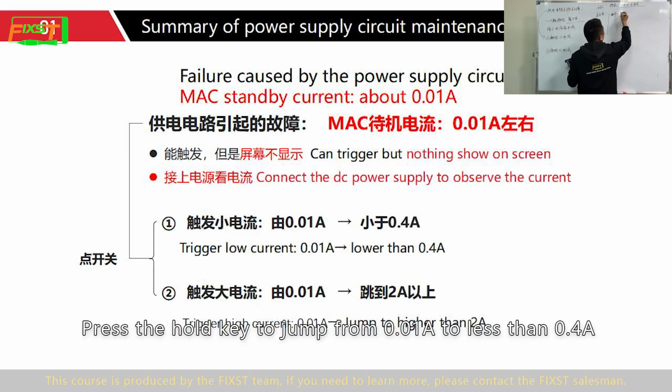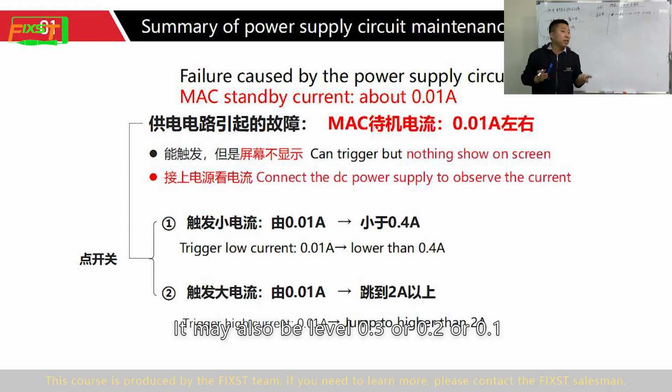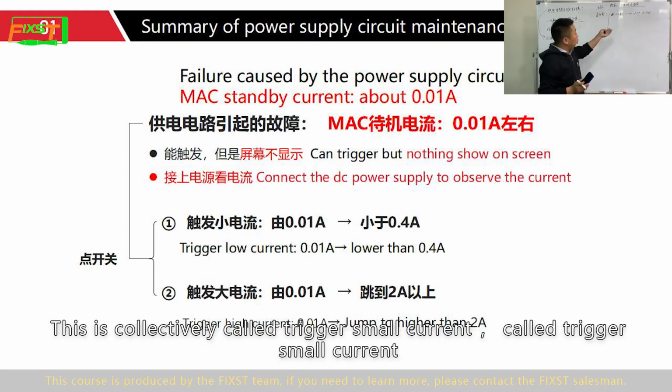Press the switch and the current jumps from 0.01 ampere to less than 0.4 ampere. It may also be level 0.3 or 0.2 or 0.1. This is collectively called trigger small current.